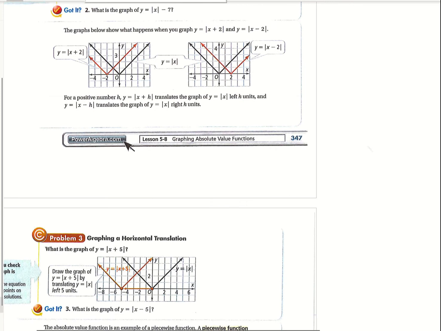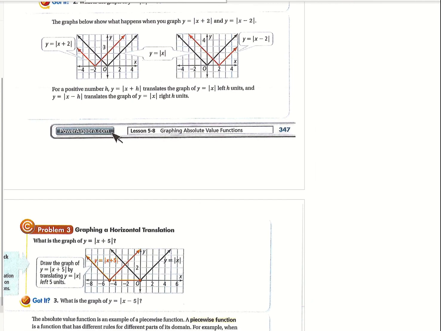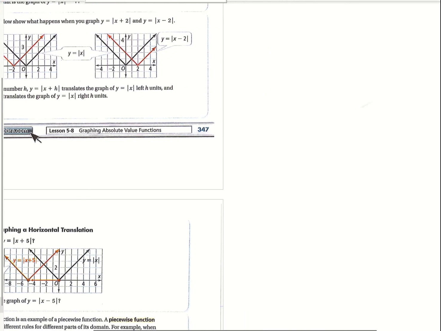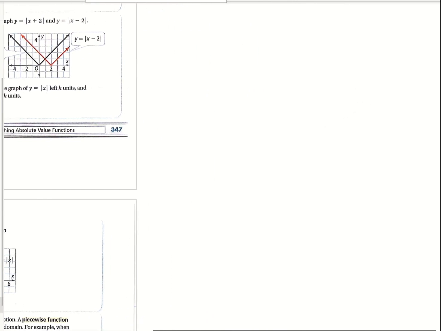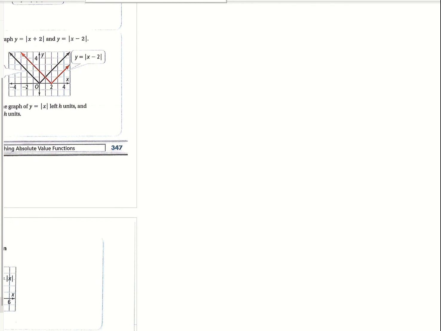The other part of this, if we look at these two graphs, we have the 2 now inside of the absolute value symbols, okay? You'll notice that when we do that, now it changes by going left or right instead of up or down. All right, so I'm going to write that over here, kind of what to expect from these.